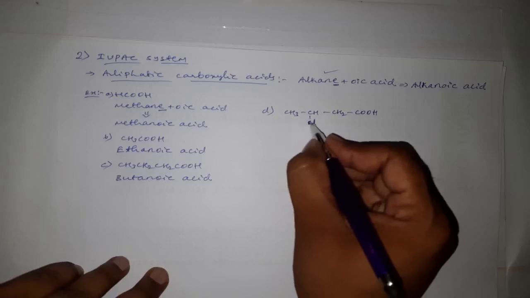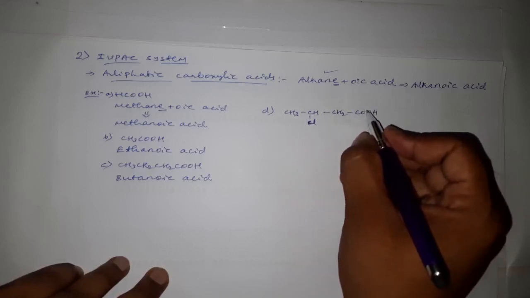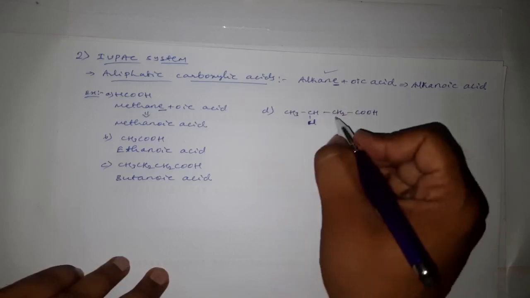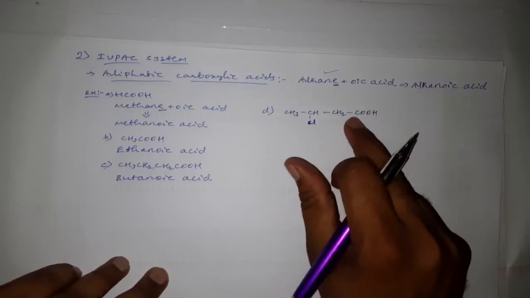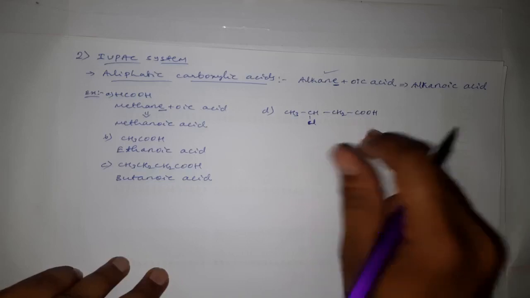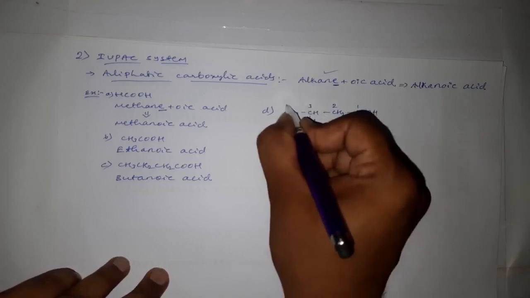Here also we give the IUPAC name in this way only, but as the substituent is there, we have to number the carbons of this organic compound in such a way that the carbon of the carboxylic group, the COOH group, gets the least number: 1, 2, 3, 4.